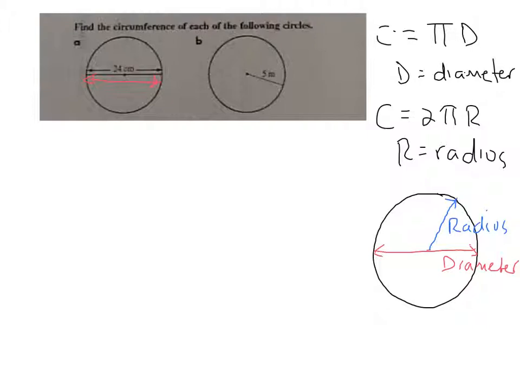Okay, so to work out A, we use the diameter version of the equation, which is the top one, C equals pi d.